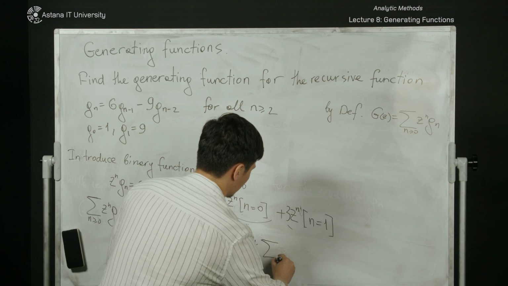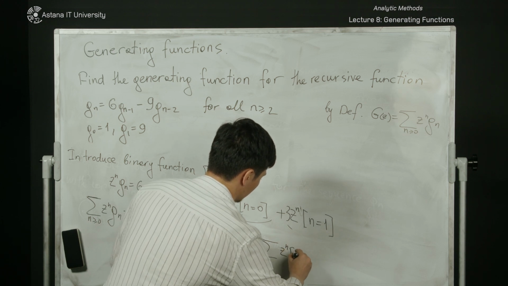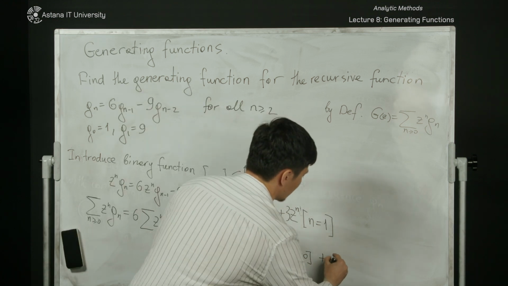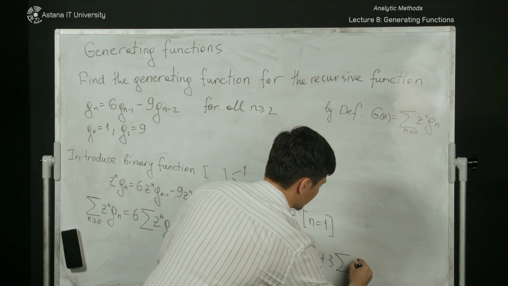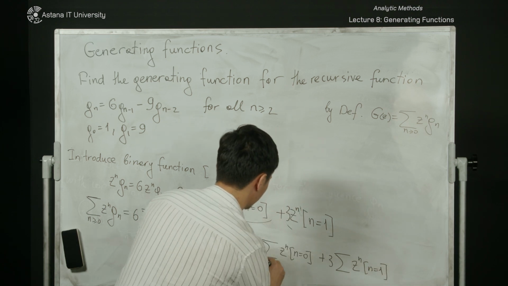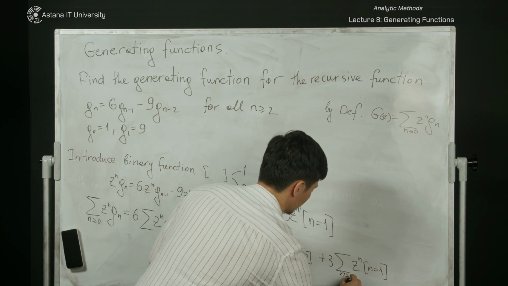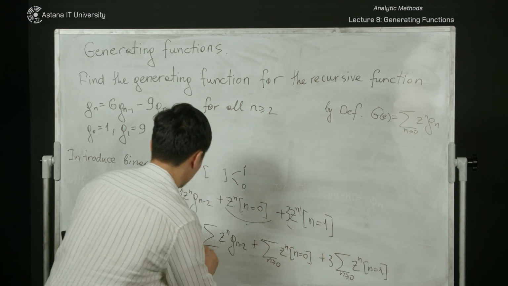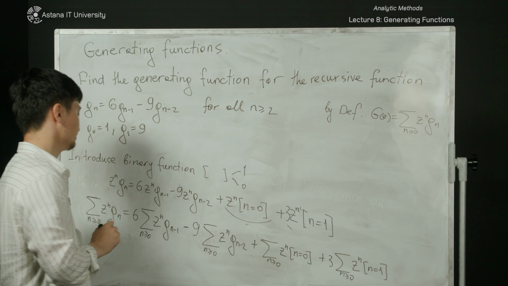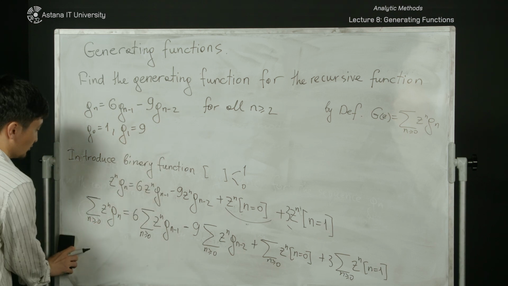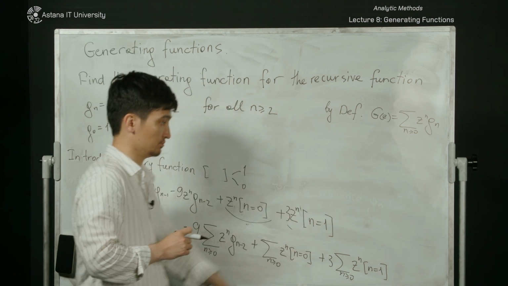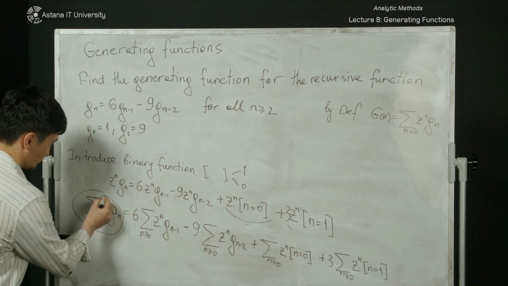So this will be the sum of z to the power of n when n equals 0, plus 3 times the sum of z to the power of n when n equals 1. Now, if you pay attention, you see that this is already g of z, by definition. So this is already g of z.